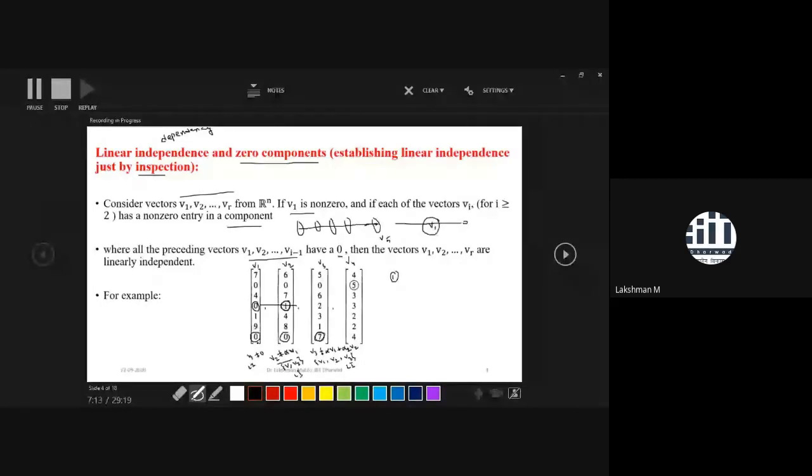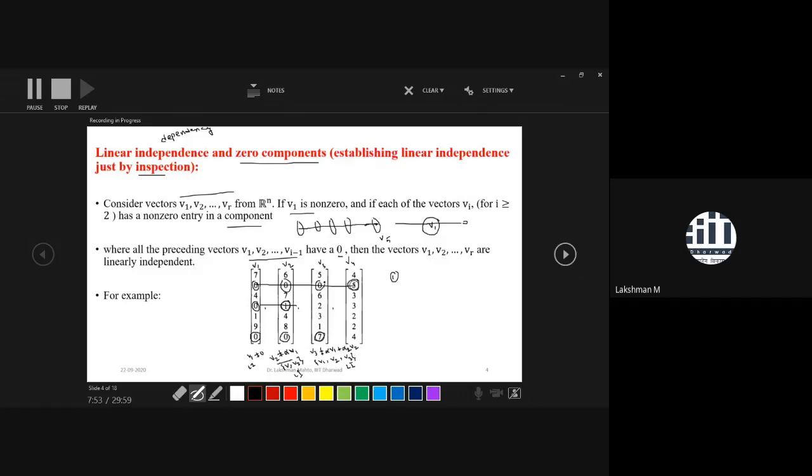Now we come to v4. In v4, we try to find a specific entry so that if you travel back in the same row, you observe a zero entry in the previous vectors. In such a scenario, you can claim that v4 is again linearly independent of v1, v2, and v3. Here you observe 5 in the second row. If you travel back in the second row to v3, v2, and v1, you observe 0 in v1, 0 in v2, 0 in v3. So what does it say?